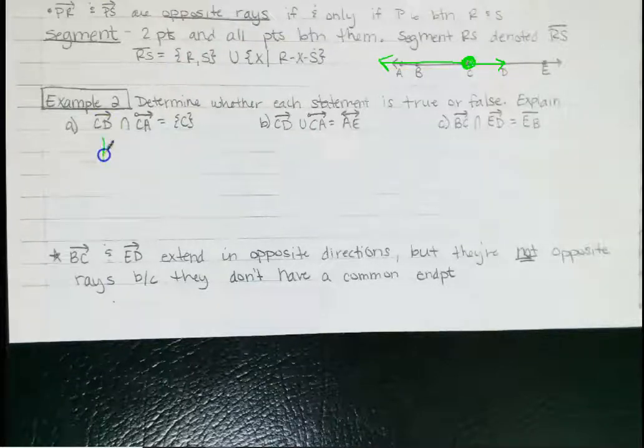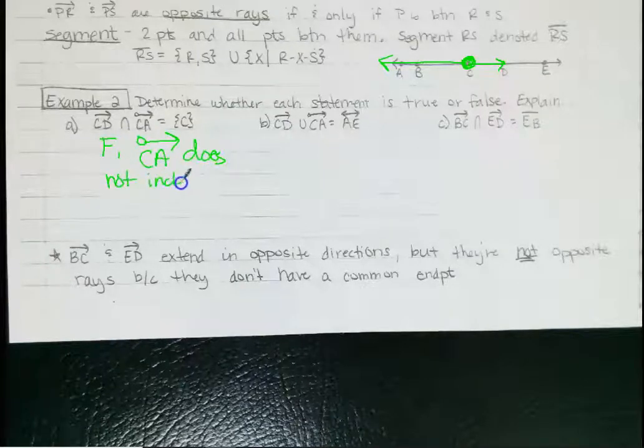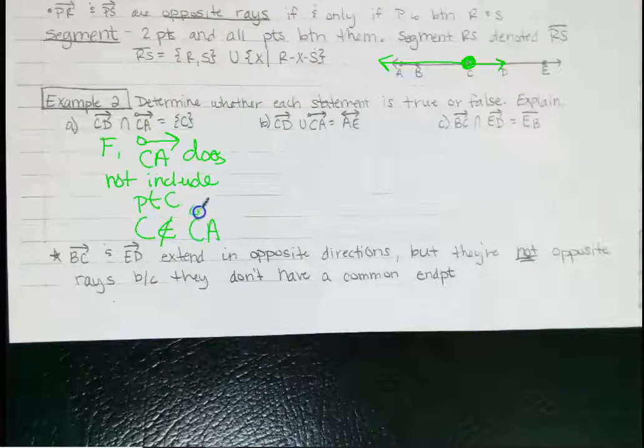So this is false, okay, because half line CA does not include point C. It does not include point C. We might say C is not an element of half line CA. That's another way you could put it. All right, let's look at B.